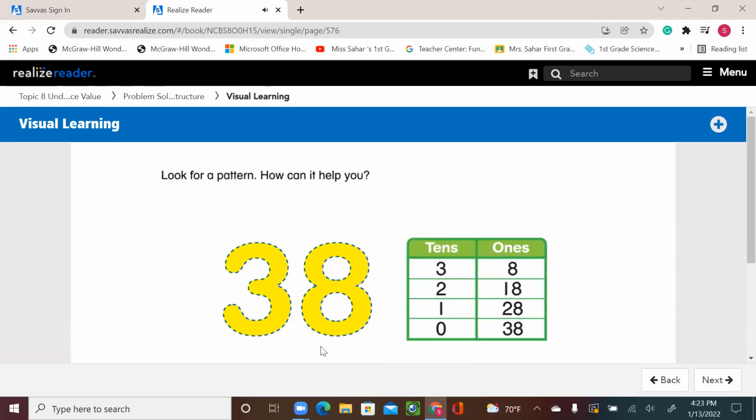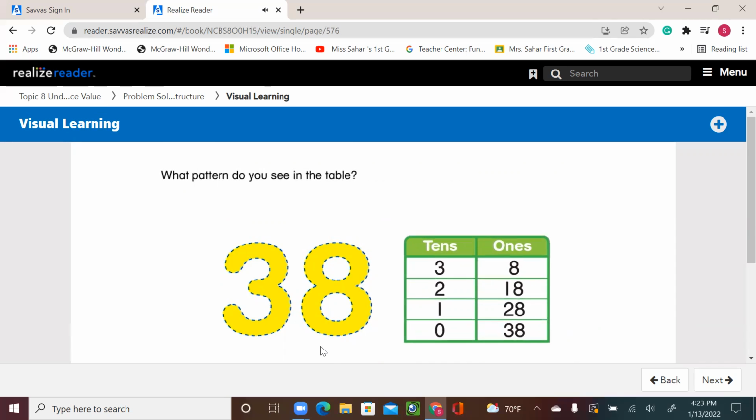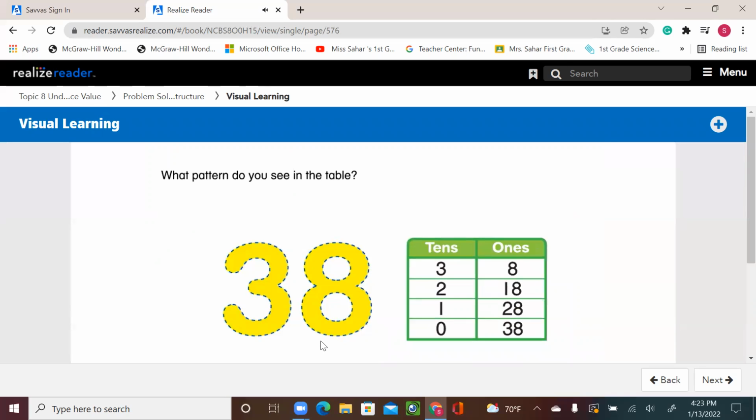Look for a pattern. How can it help you? What pattern do you see in the table? Well, I look for a pattern. The pattern I can see for the tens is that the numbers start with 3 tens and then decrease. So go down, minus 1 ten will be 2, minus 1 more ten will be 1, another ten will be no tens or 0.